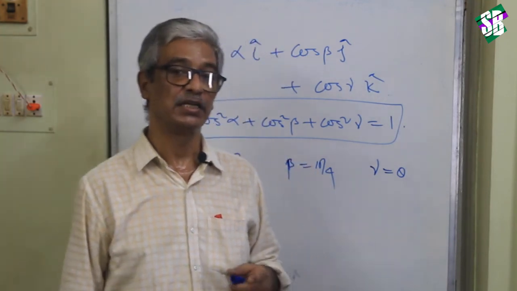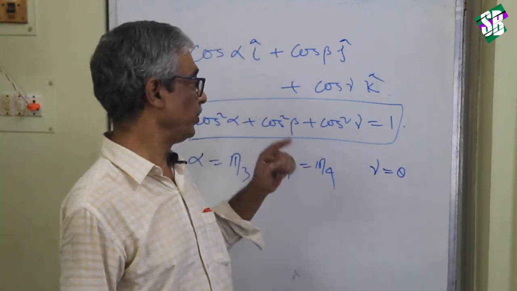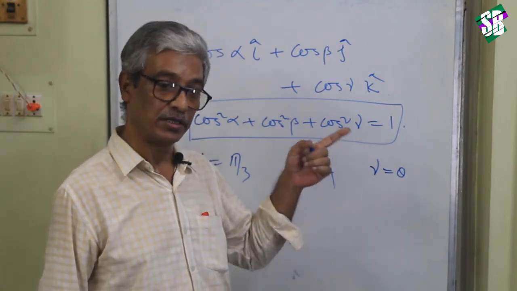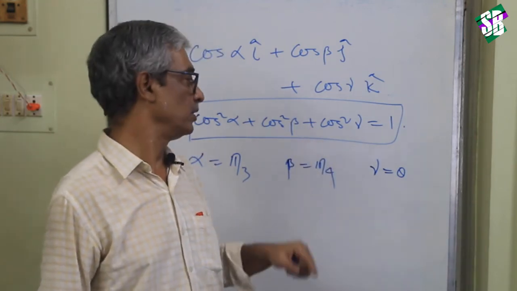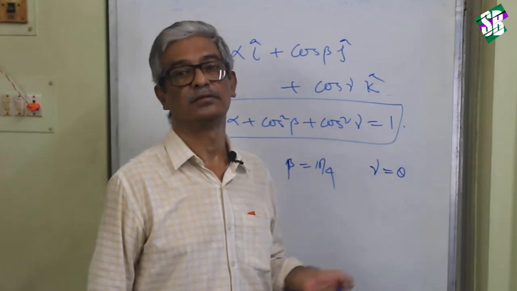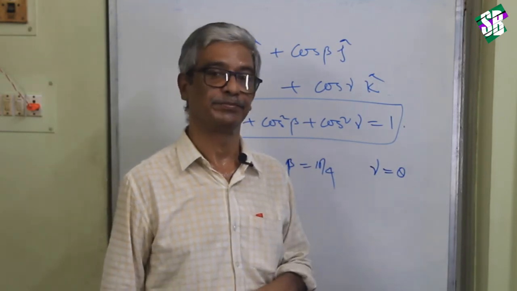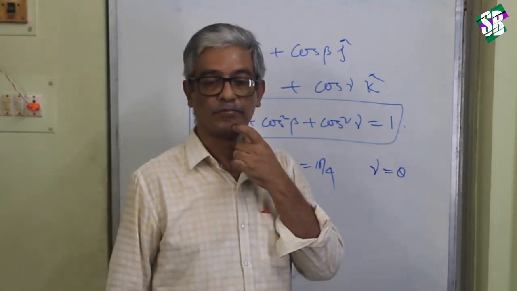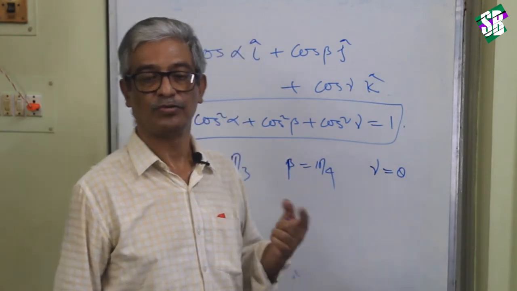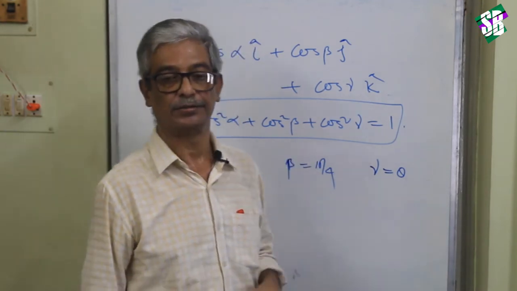Theta is the smallest angle between the required unit vector and k cap. So now you have to find theta.